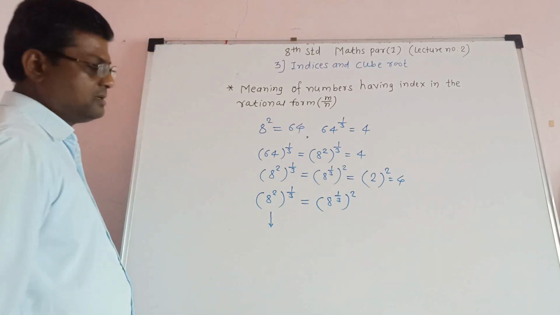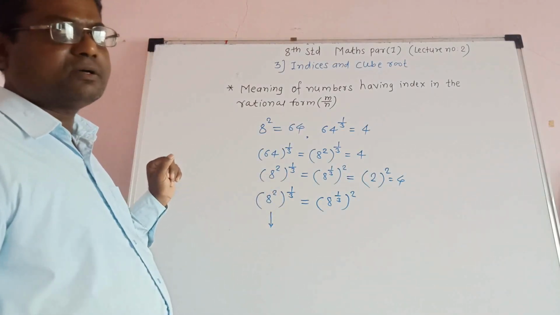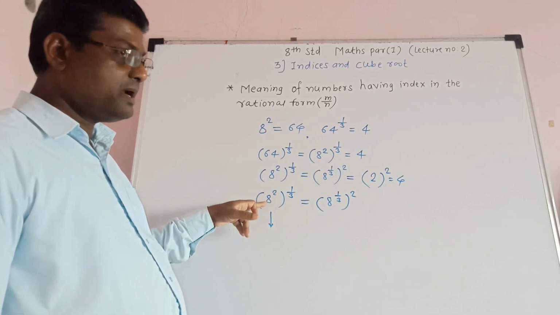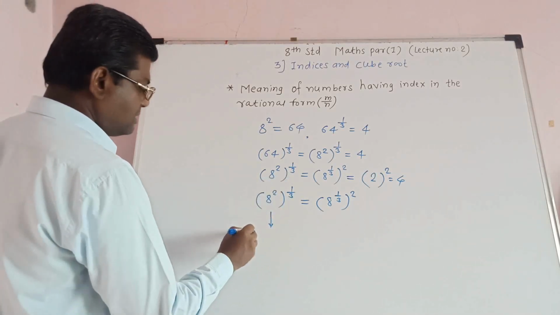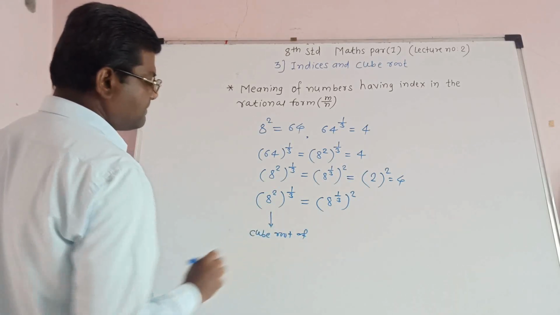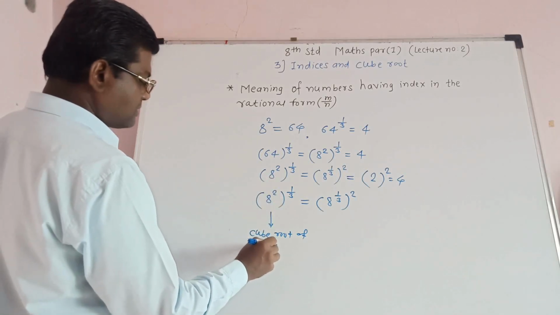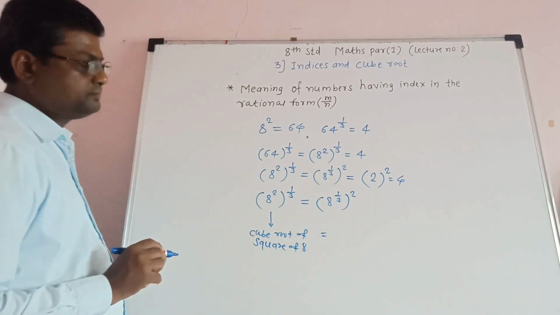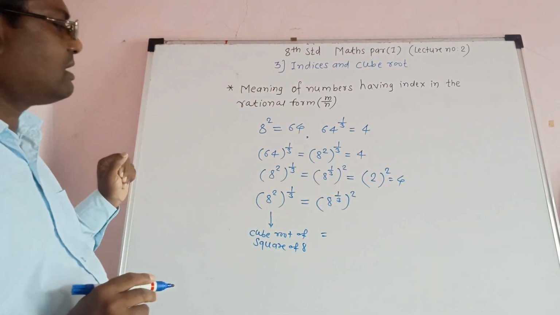Now let us see how to write this. 1 upon 3 is a cube root. Whose cube root? Square of 8. So we write, for 1 upon 3, cube root of, and 8 square, that is square of 8. Square of 8 is equal to, now 2 indicates power, that is square.